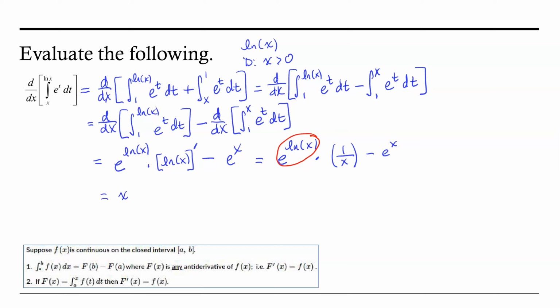So we have x times 1 over x minus e to the x. And x times 1 over x is just going to simplify to 1, minus e to the x.